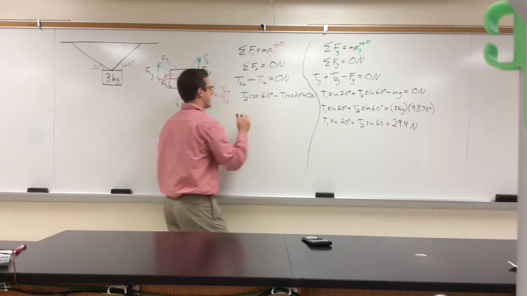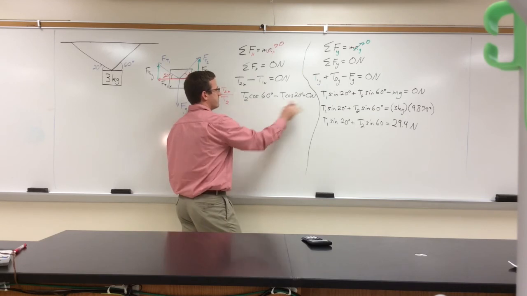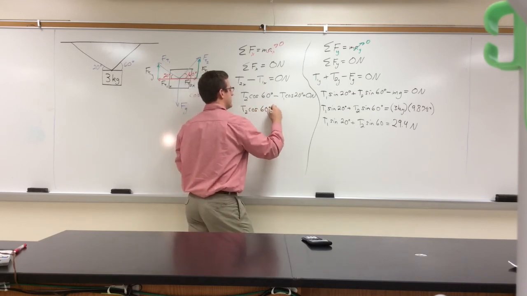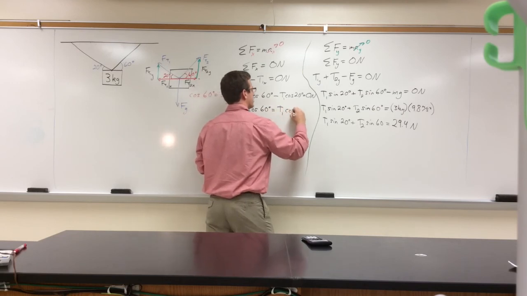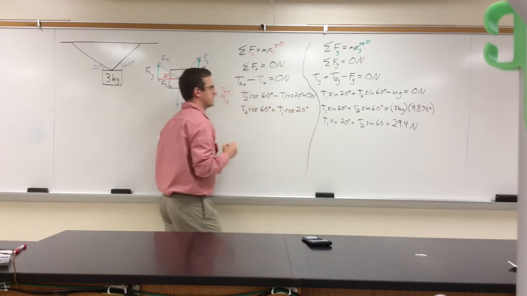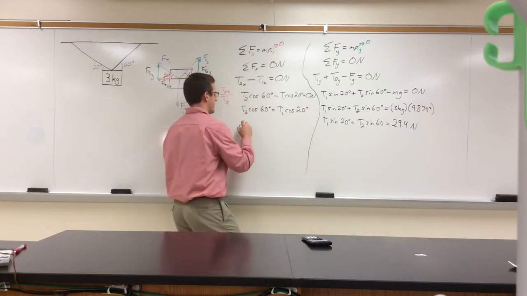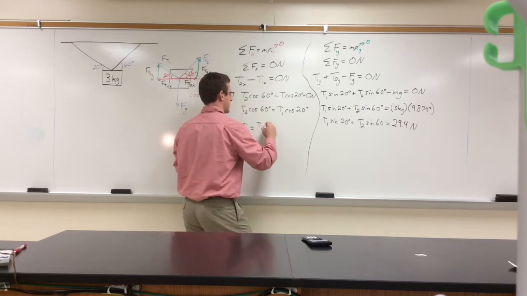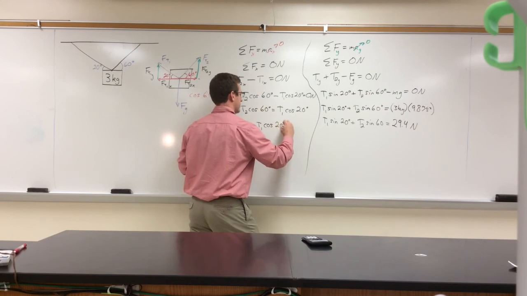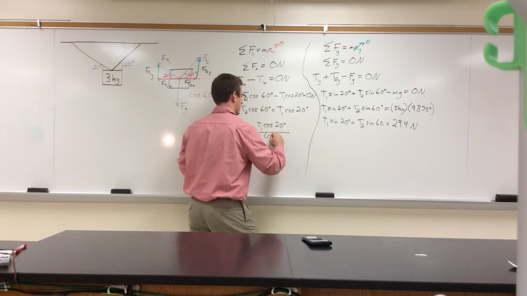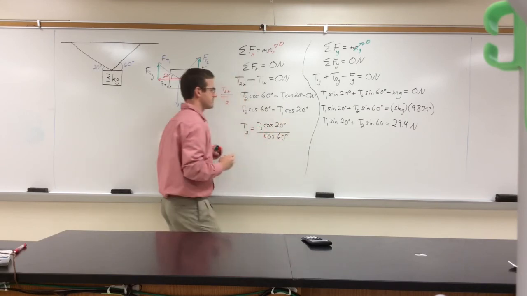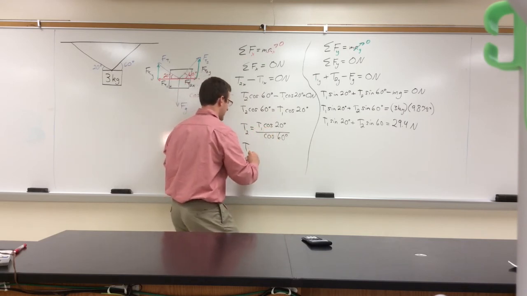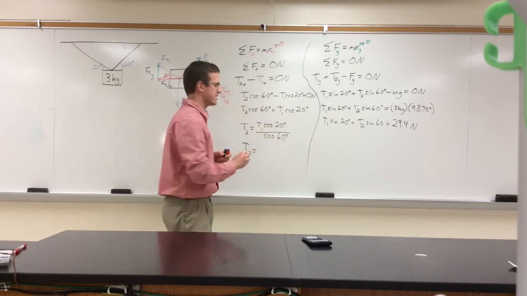Well, I'm going to go back to this side and say, okay, I can simplify this a little bit. I've got T2 cosine 60 equals T1 cosine 20. And if I wanted to, I could solve for T2. T2 is T1 times cosine 20 all over cosine 60. And remember, cosines, those are just numbers, right? So I can actually plug that into my calculator and find out what that is.